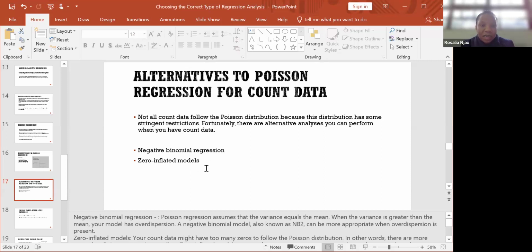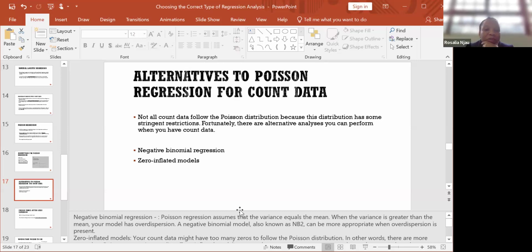I'm not going to talk a lot about this, but Poisson regression models assume that the variance equals the mean. When the variance is greater than the mean, your model has overdispersion. A negative binomial model, also known as NB2, can be more appropriate when overdispersion is present.